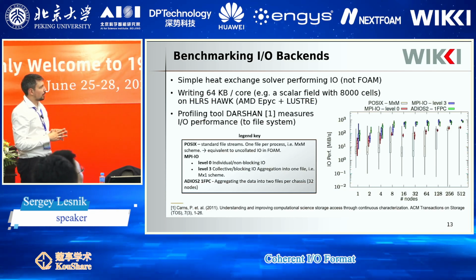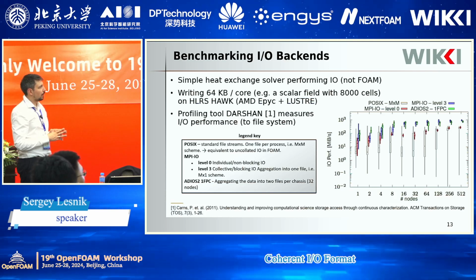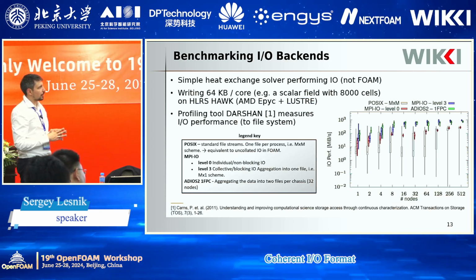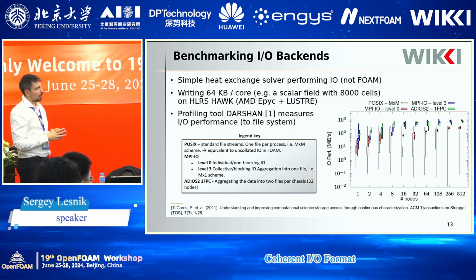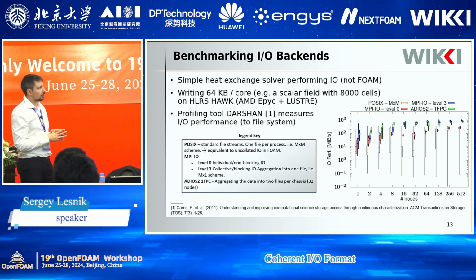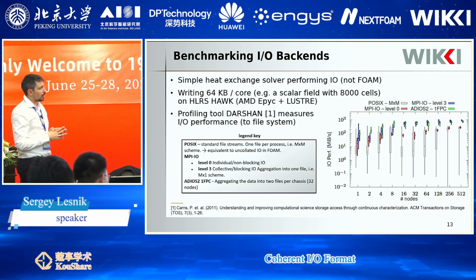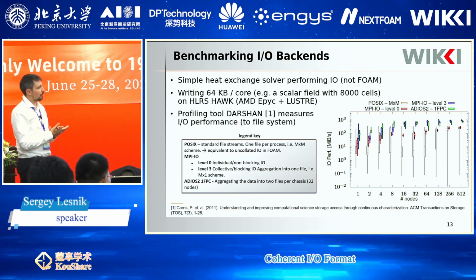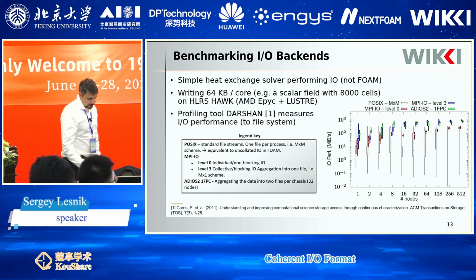And what we did here, we wrote 64 kilobytes per core, which is actually 8,000 cells per core. So that's one of the best performing points for the Combustor Grand Challenge. We used a profiling tool named Darshan to measure the I/O performance. And on the right-hand side, you can see the results.